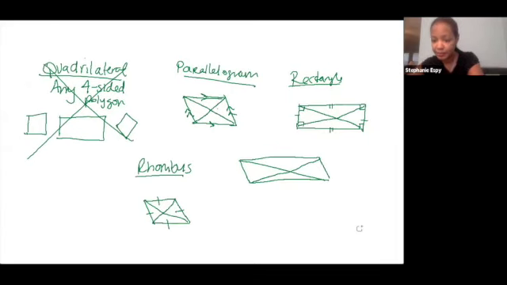So 15 feet is how many yards, Jordan? 5 yards. So we can label this side 5 yards. And 30 feet is how many yards? 10 yards. So this is 10 yards. So that's the first thing, is make sure that you convert from feet to yards.